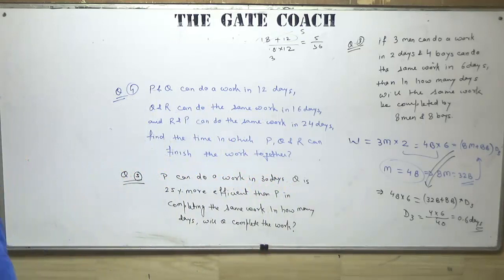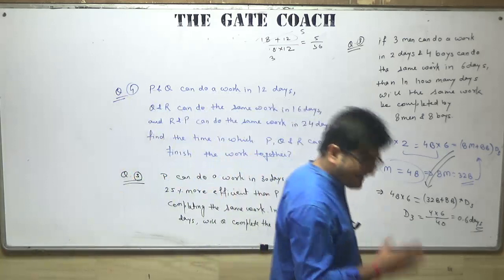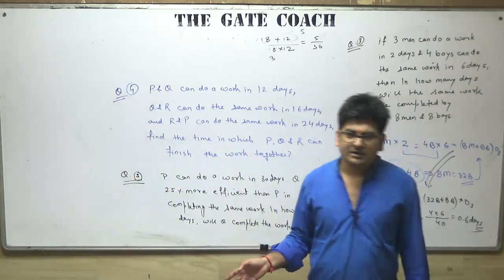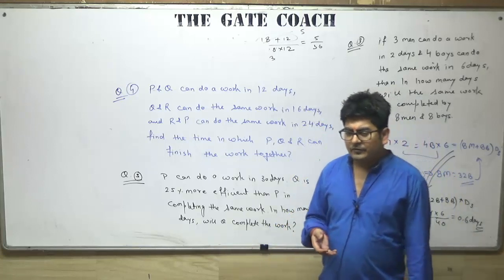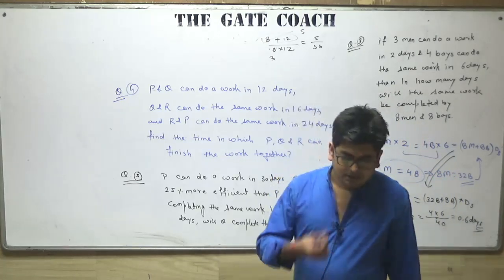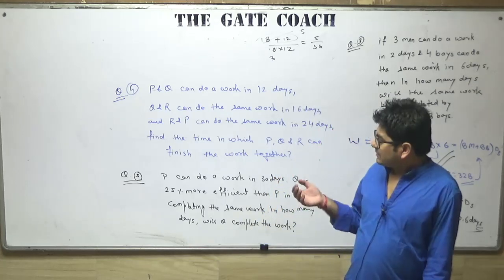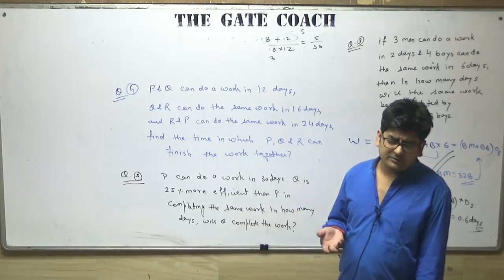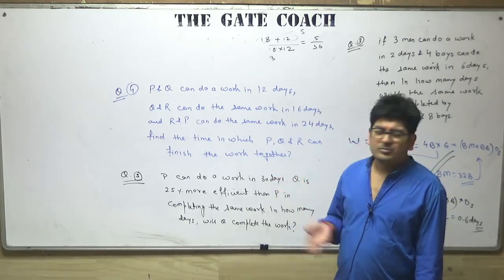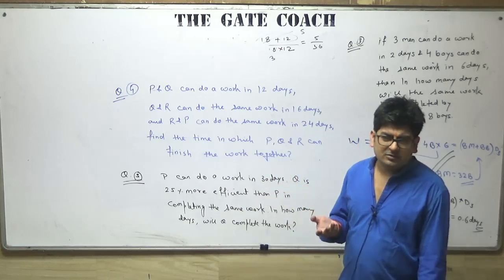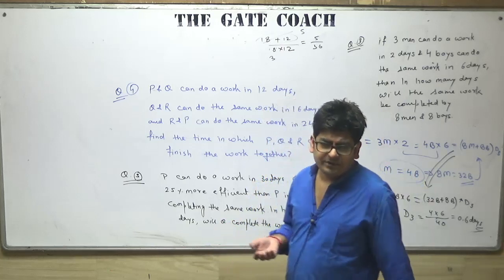Okay, and if you see your GATE previous year numericals from 2010 to 2020, okay, because aptitude was included in GATE exams from 2010 onwards. So in last 11 years, if you see your questions from past 11 years, then you may find around 35 questions almost from aptitude.